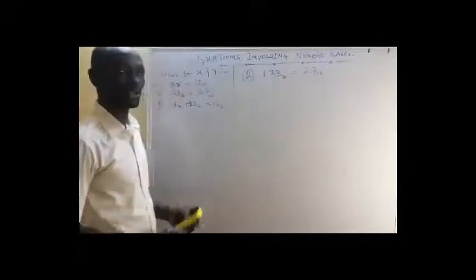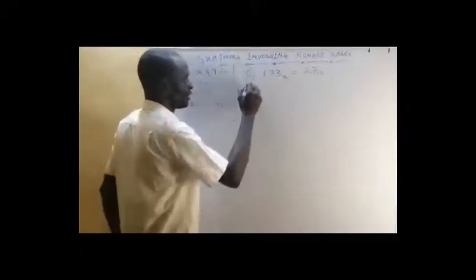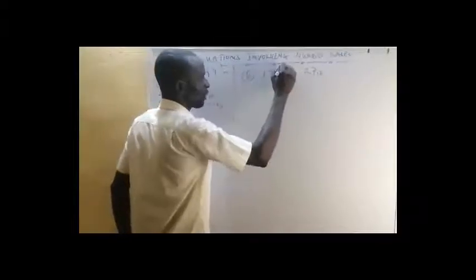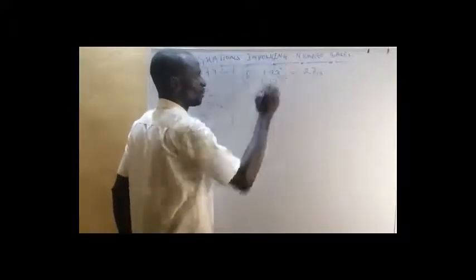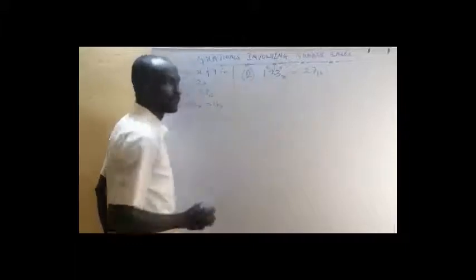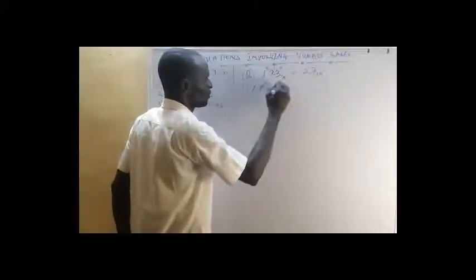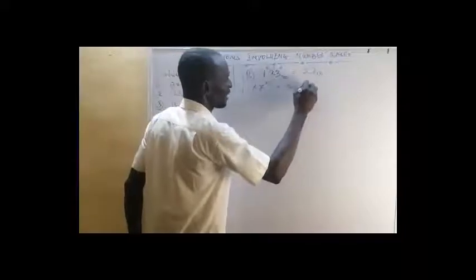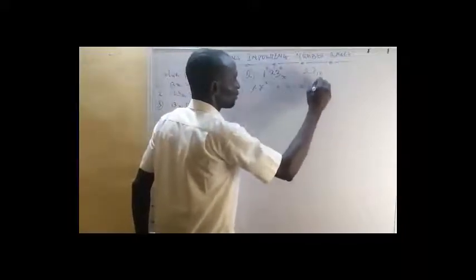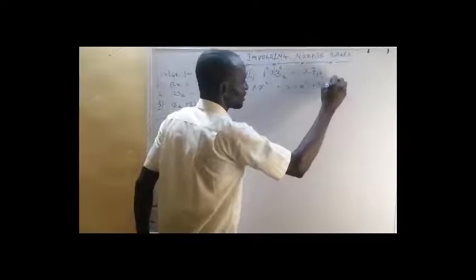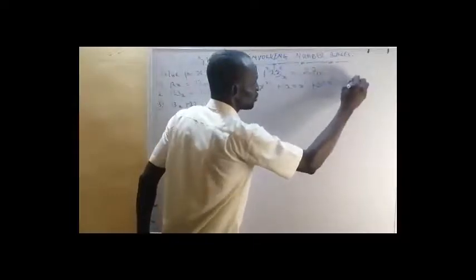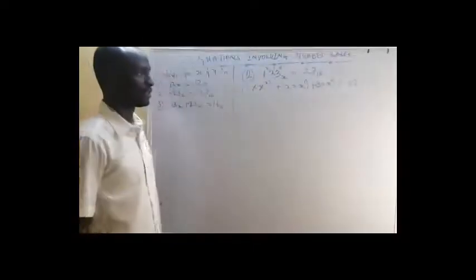Let's use the expansion method still. That means power 0 here, power 1, then power 2 here. 1 times x raised to power 2 plus 2 times x raised to power 1 plus 3 times x raised to power 0 is equal to 27 in base 10.